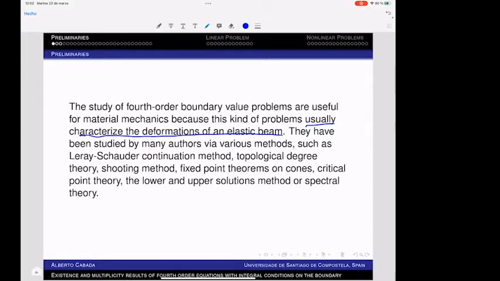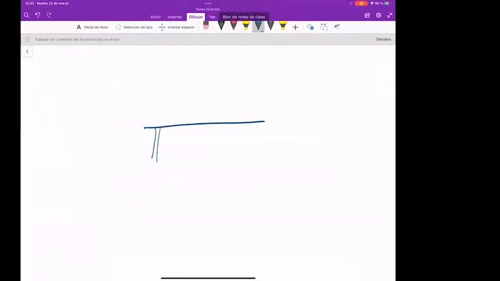The constant sign of the solution is very important because, if we have a beam, and here some force, the weight is in this direction, so it is expected that the deformation has the same direction as the external force.